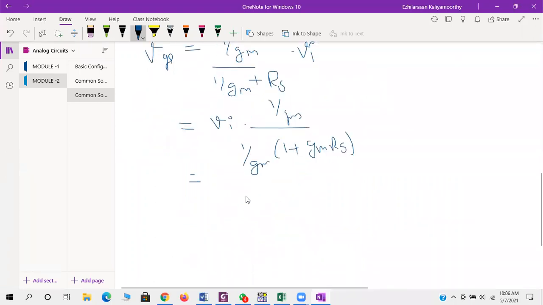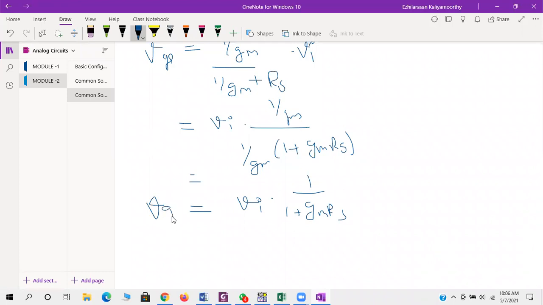The 1 by gm will get cancelled. Then we get Vi into 1 divided by 1 plus gm RS. Yes, this is nothing but VGS. This will be your VGS.